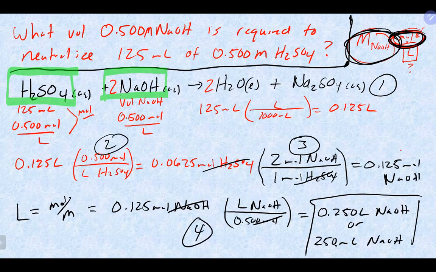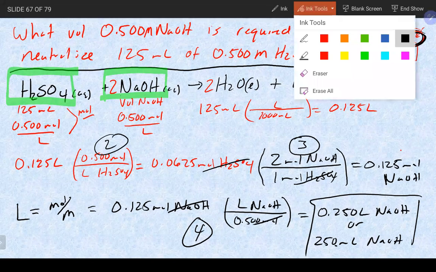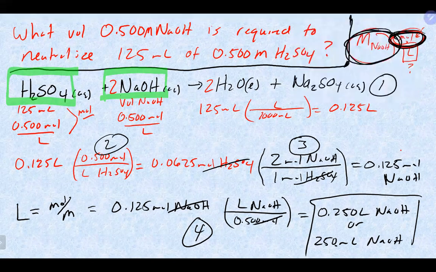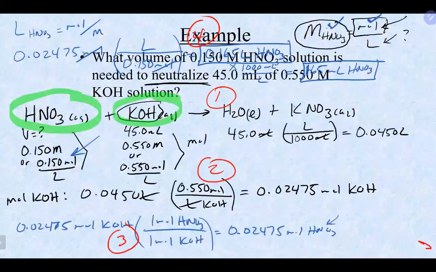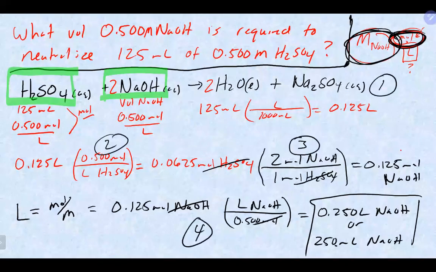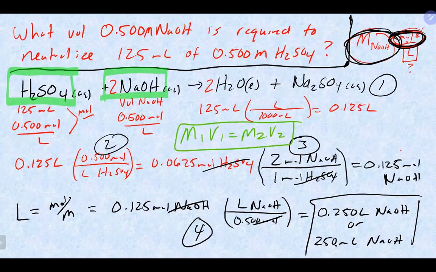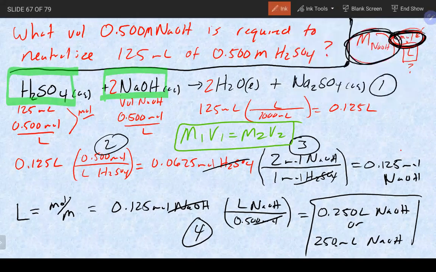Now, a cautionary note on doing titration problems, and sometimes taught to people, is an equation that we saw earlier, which is our M1V1 is equal to M2V2, which is the dilution equation, that you could use it in titrations. And some people even call it the titration equation. And it's really not, in a sense.